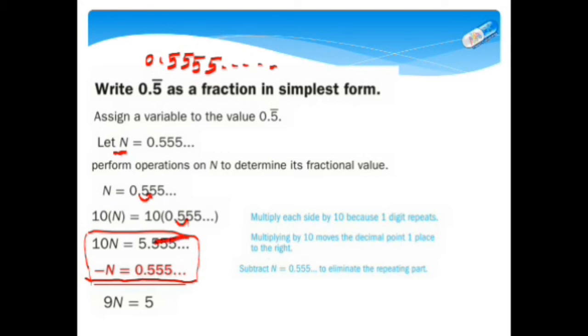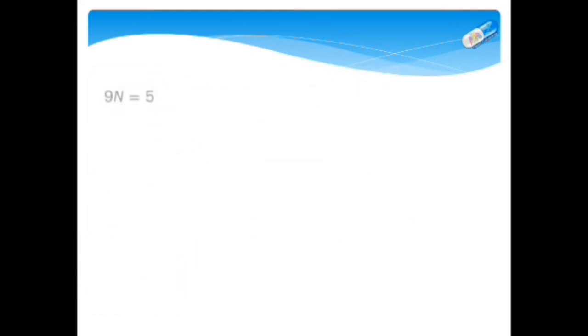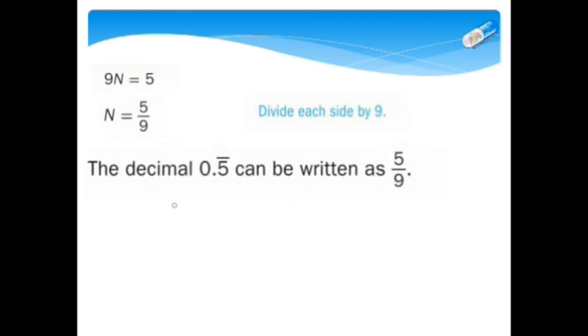This will eliminate the part that is repeated because they are the same, so it will be 0, and 5 minus 0 equals 5. Now 9n equals 5, this is a multiplication equation in one variable, so we divide each side by 9, and we get n equals 5 over 9. So the decimal form of 0.5 repeated can be written as just 5 over 9.